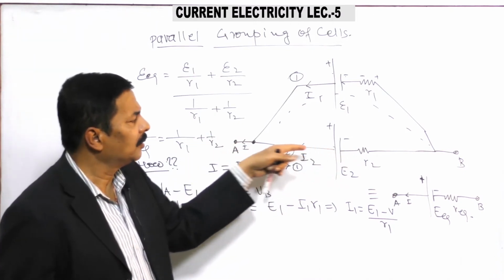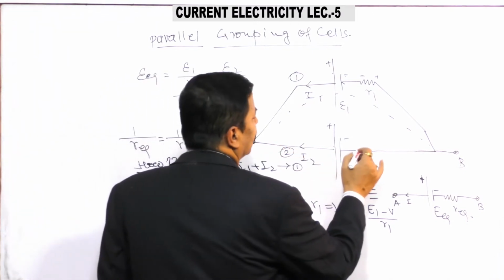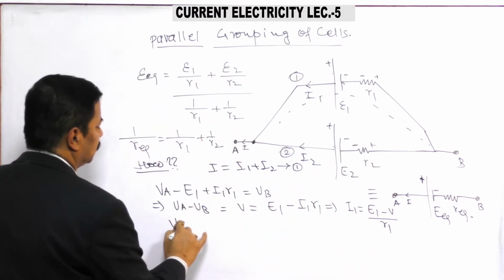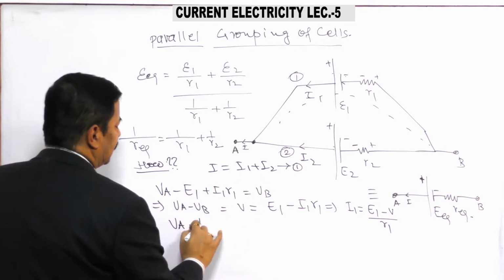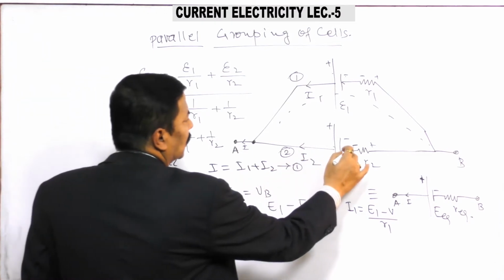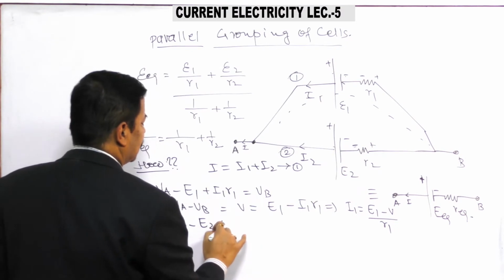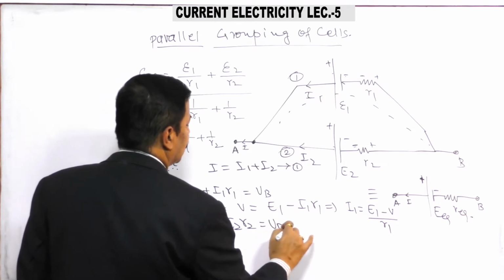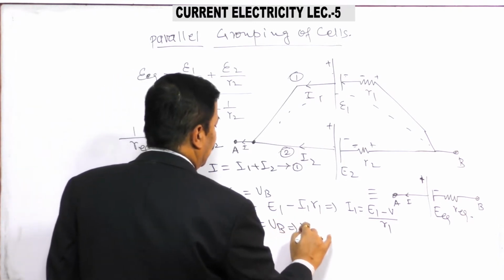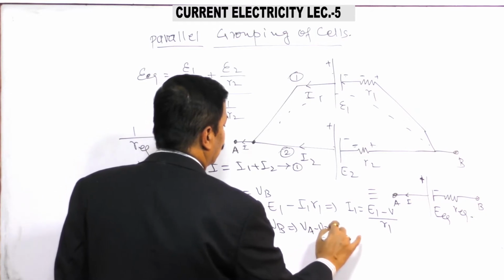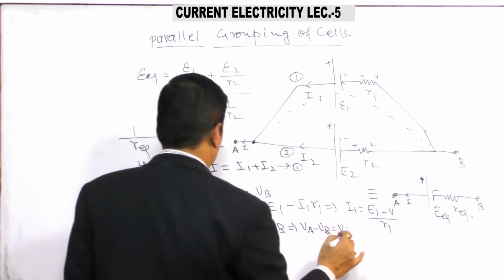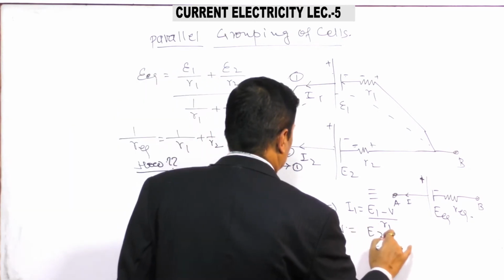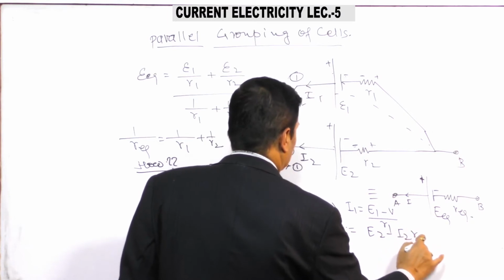You go in this path. In this path, this will be plus, this will be minus. So go in this path. VA minus E2, an increase there, plus I2 R2 is equal to VB. This implies VA minus VB, which is V, is equal to E2 minus I2 R2.